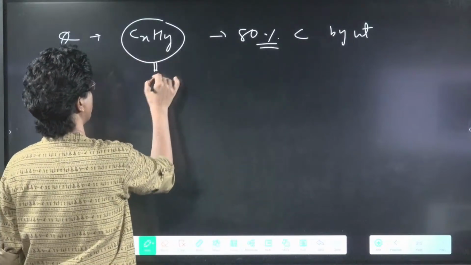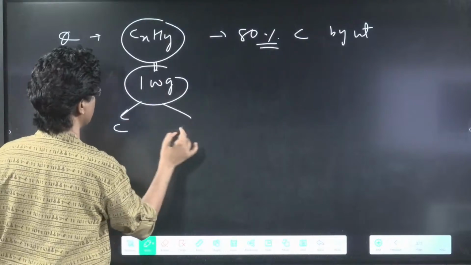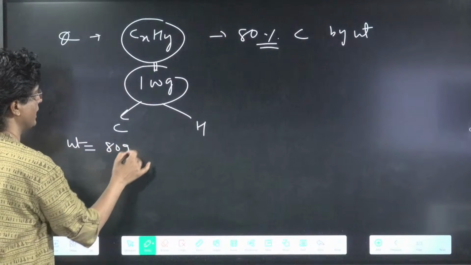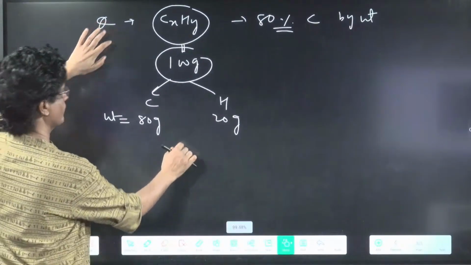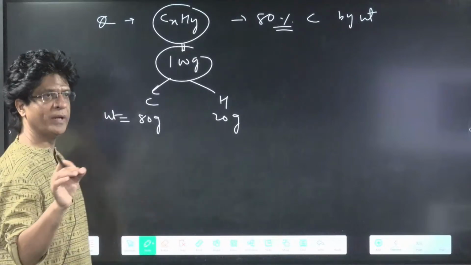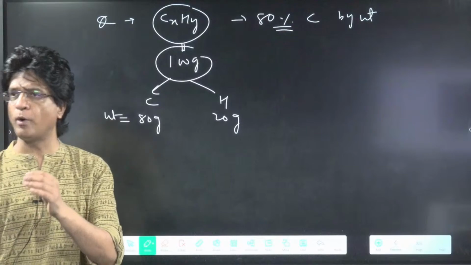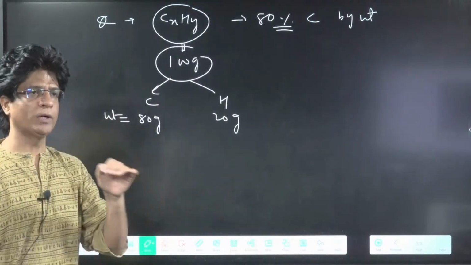Let this hydrocarbon have a weight of 100 gram. So out of that, the weight of carbon will be 80 gram and hydrogen will be 20 gram. Yes or no? And since I told you, weight is the least important thing in the world of physical chemistry, immediately convert weight into what? Moles.